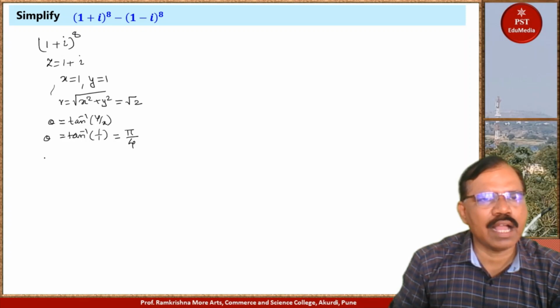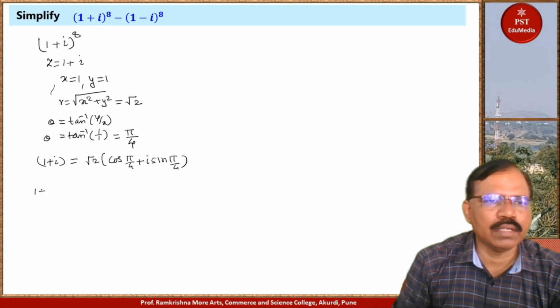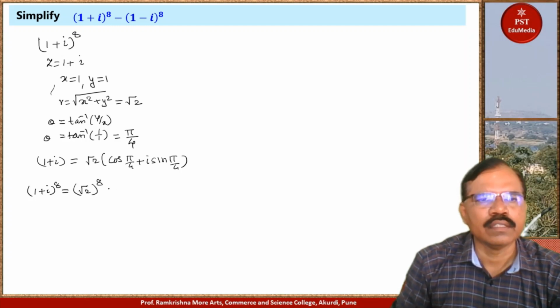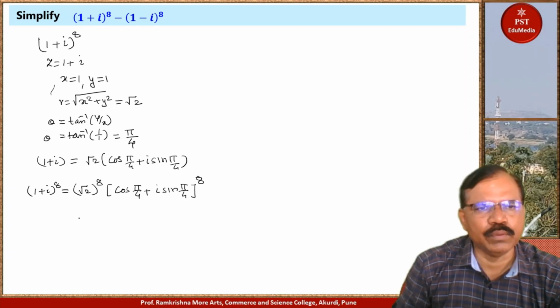So what is 1 plus i? 1 plus i in polar form is root 2 in bracket cos pi by 4 plus i sin pi by 4. So 1 plus i raised to 8 is equal to root 2 raised to 8, cos pi by 4 plus i sin pi by 4 raised to 8. So now we can use De Moivre's theorem here.